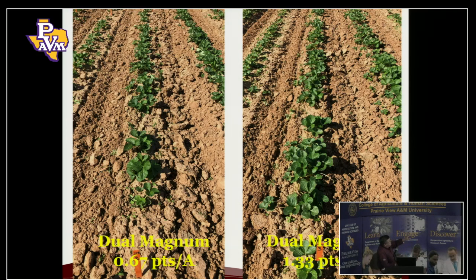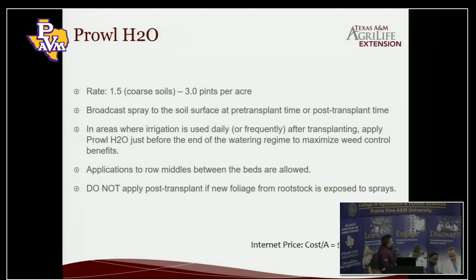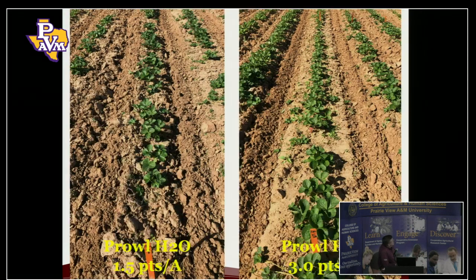So for you strawberry growers already, Dual Magnum is not labeled in the state yet, but through this research, we hope to get a special local needs label for Texas to see if we can get that. It's a good one for controlling nutsedge, okay? Prowl H2O is labeled. Use a higher rate on coarse soils.